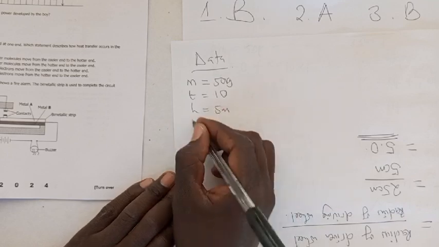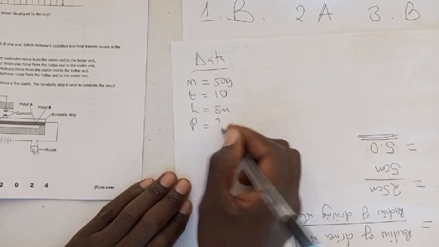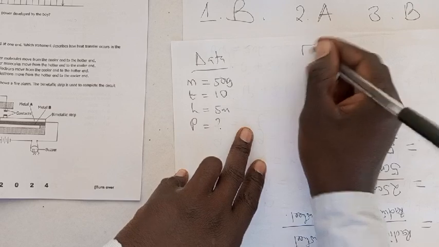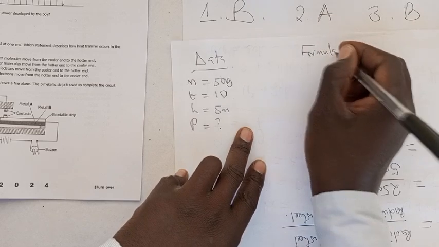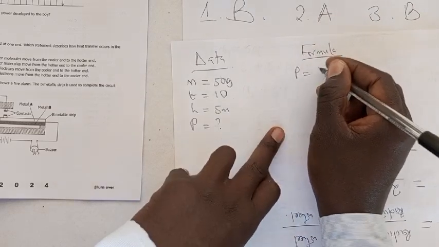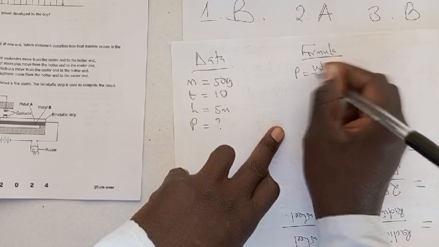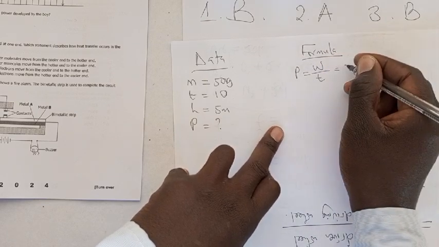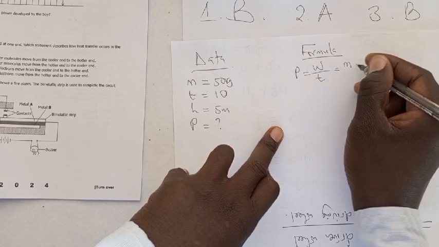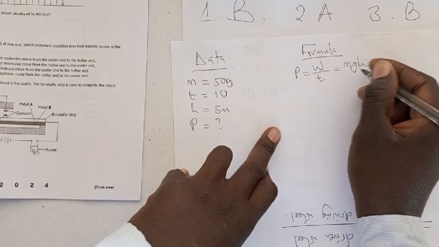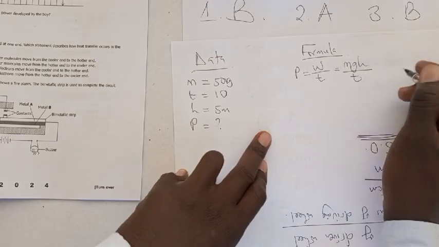What is the question demanding? The question is demanding for power, which we may not know before we calculate it. So now, how is the formula going to be? The formula for power is work done over time. But remember, work is equal to mass times gravity times height, or weight times height, over t.